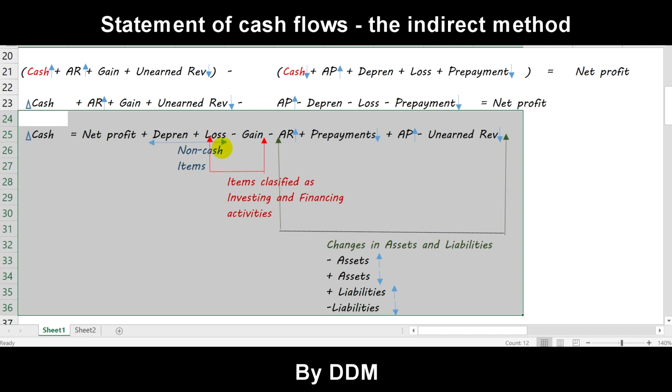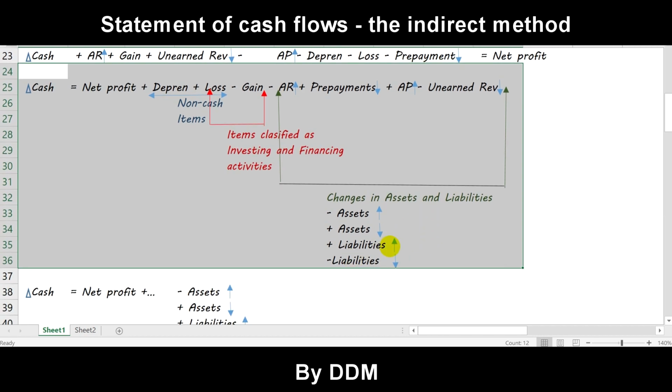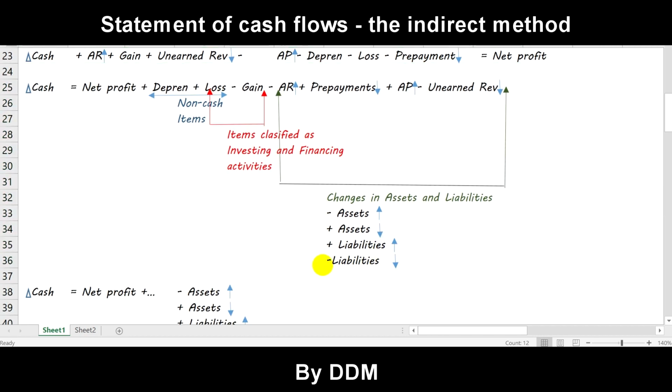And then we take care of items classified as investing and financing activities, for example, gain. And then we look at changes in assets and liabilities. Specifically, we need to subtract the increase in assets, add the decrease in assets, add the increase in liabilities, and subtract the decrease in liabilities from net profit to calculate net cash flow from operating activities.